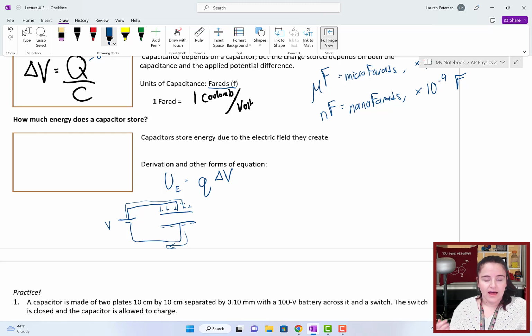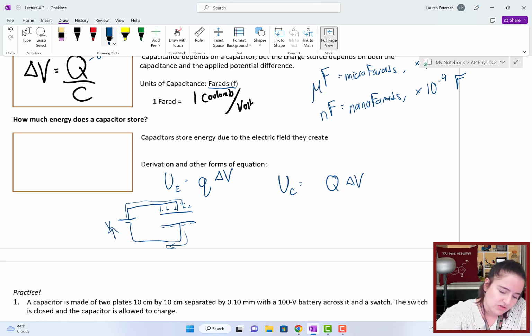So you can think of the change in the energy of the capacitor as the work done to create that electric field. So the energy of a capacitor equals Q, the charge that you're moving, times delta V, where that voltage is your voltage of the battery.